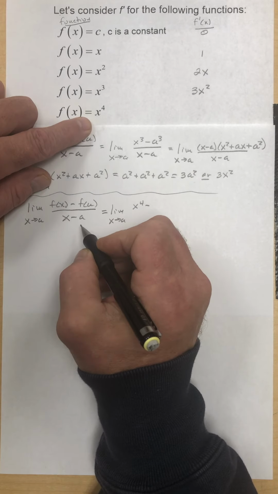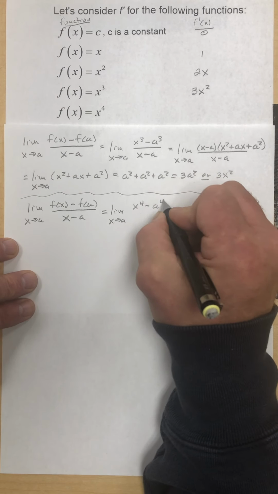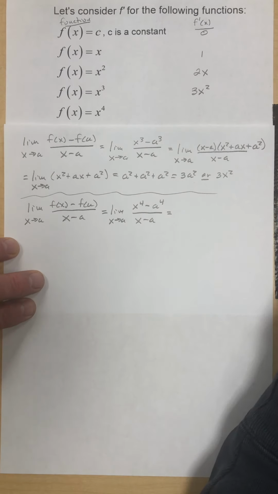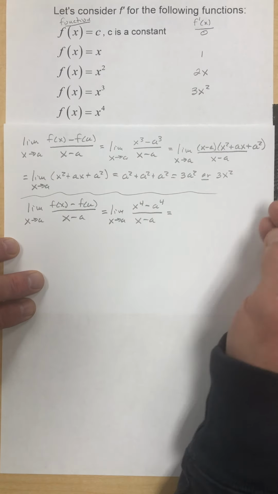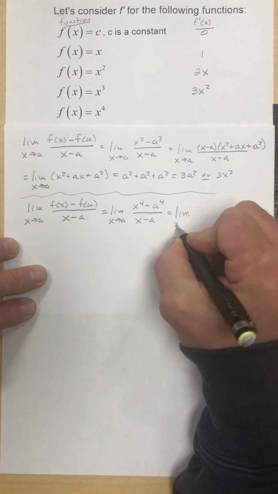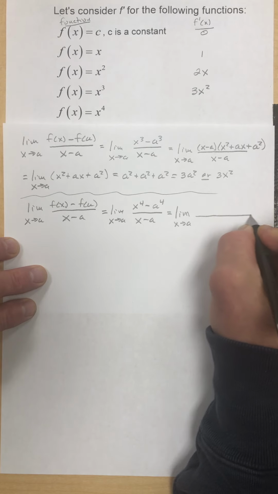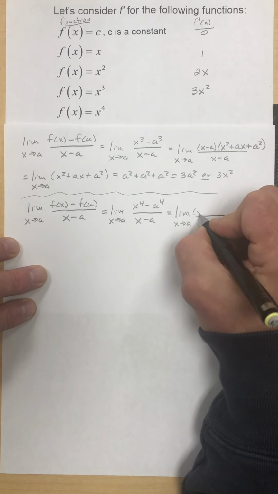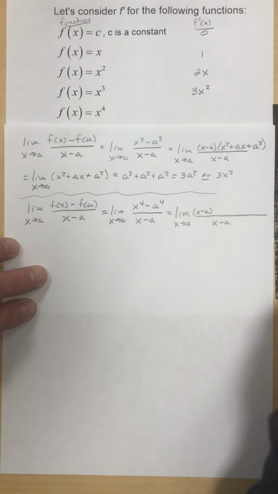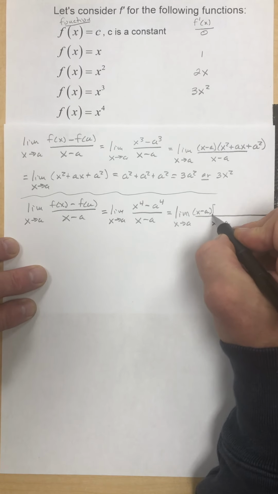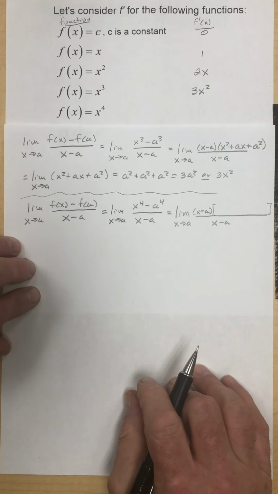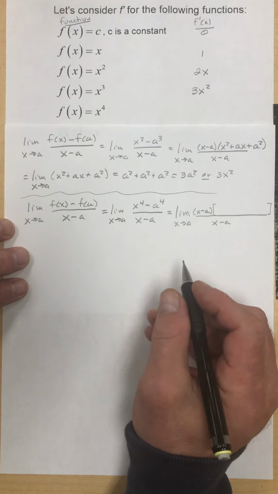F of a would be a to the fourth all over x minus a. Now we ask ourselves, is there a factor of x minus a up in the numerator? And yes, there is. Okay, so I have this factor of x minus a up above, factor of x minus a down below. So we got to figure out what are we left with here. Okay, so you got to do the long division. Okay, so let's do that long division.